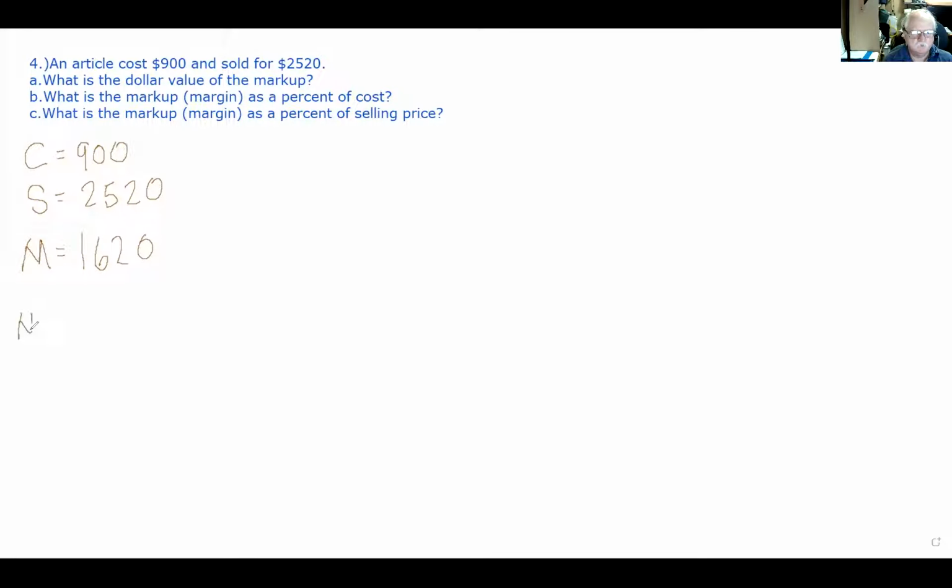So markup based on cost is equal to markup divided by cost, which we could write as selling price minus cost, but we've already got the markup here.